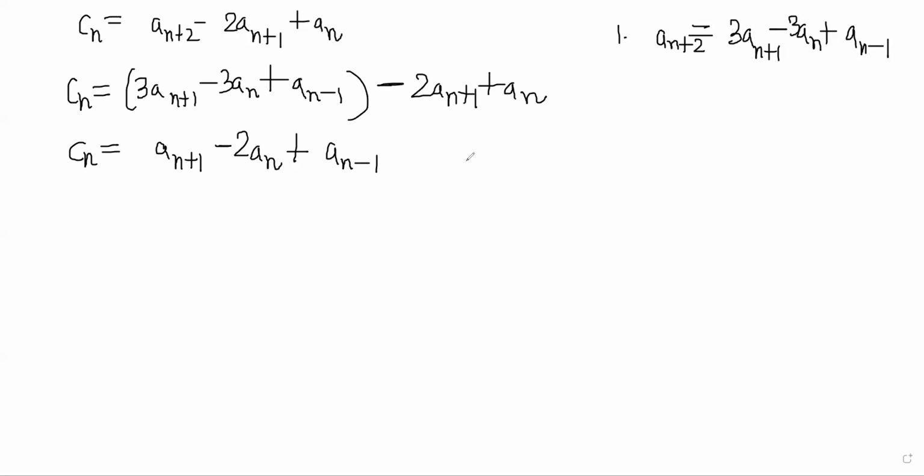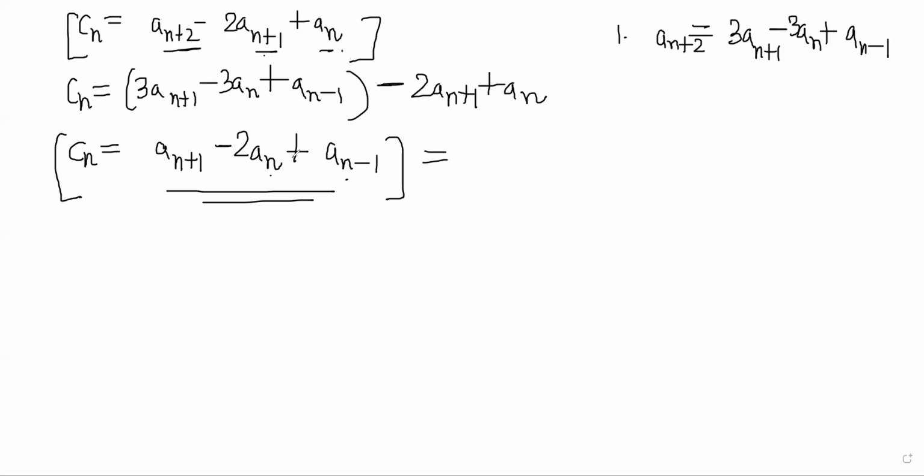Looking at this and looking at this, you should see that there are some similarities here, right? Here we have n plus 1, here n plus 2, here n plus 1, and here n minus 1, n.